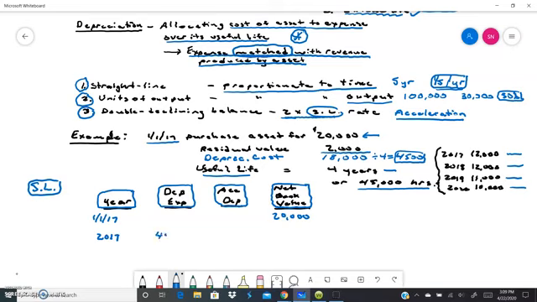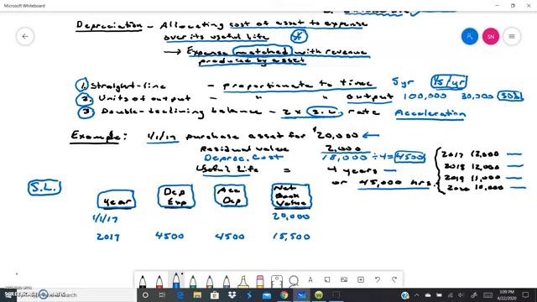So this year, $4,500. The balance in our accumulated depreciation account then would also be $4,500. And if we subtract $20,000 minus our accumulated depreciation balance, we would get our net book value of $15,500.